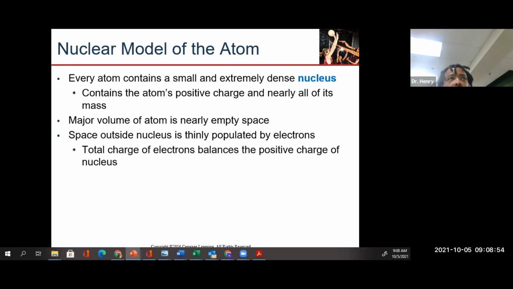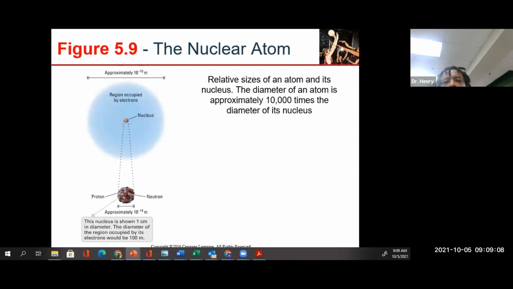And that although an atom is mostly empty space, and that empty space is going to be occupied by the electrons moving, right? We have that positive, dense center charge. So it looks something like this. This is what the nuclear atom is shown to look like, where we have the nucleus in the center, and then it's covered by this electron cloud.